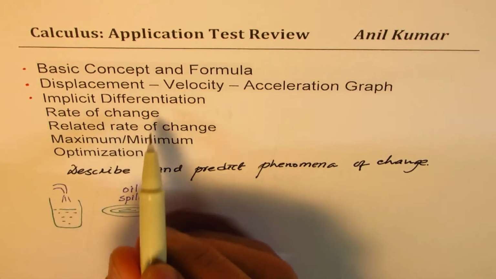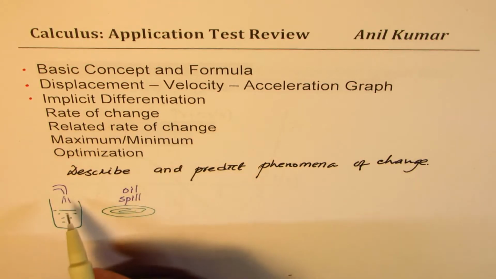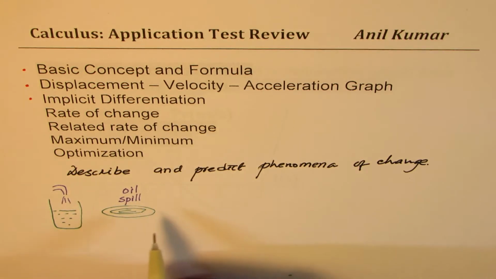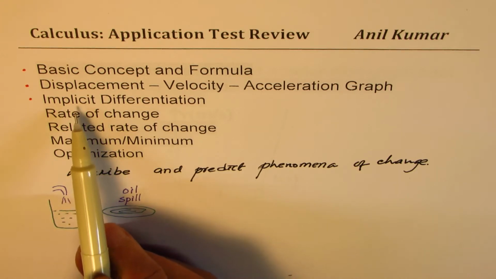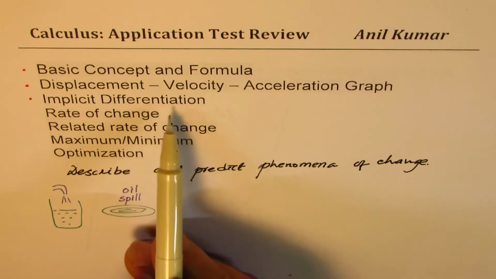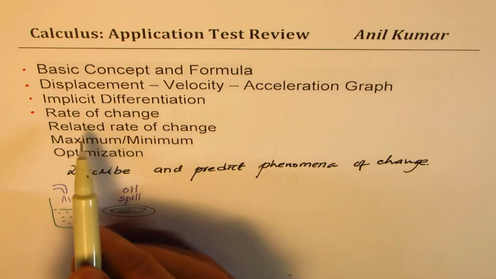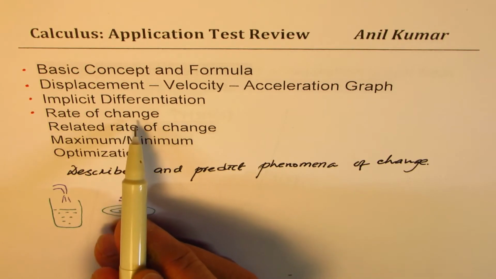Now, implicit differentiation is something which you need to refresh with. Since you can see here, we are trying to relate volume with area and working with time. So there are things related, and we may do differentiation with respect to time for all different quantities. So you will need the concepts of implicit differentiation. So I'll take up an example here just to refresh it. And then on rate of change, we'll take a few examples just to provide you with the slope of tangent, right?